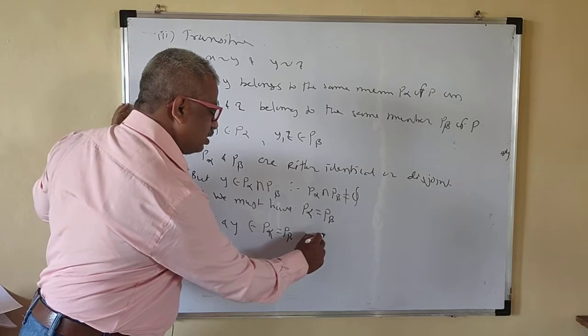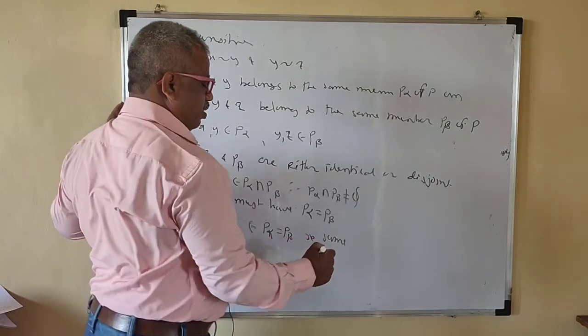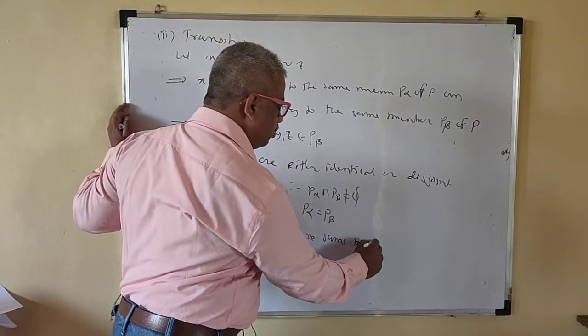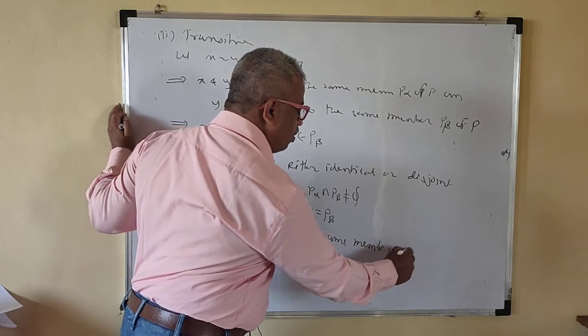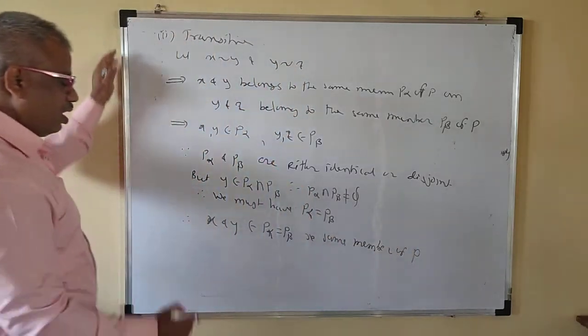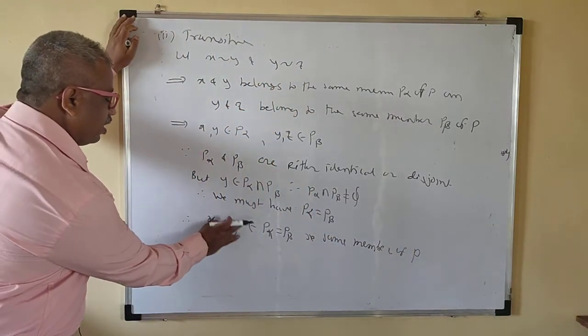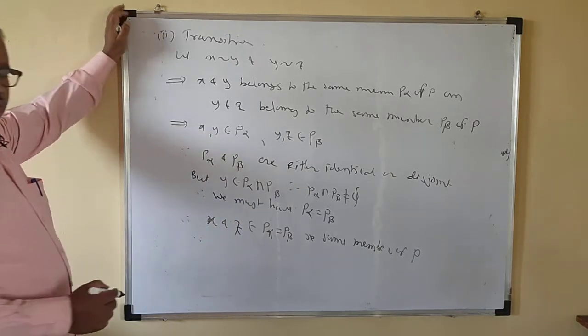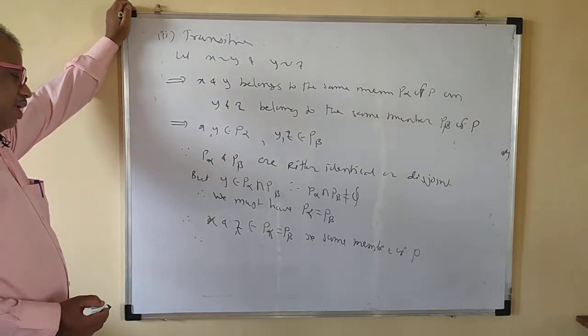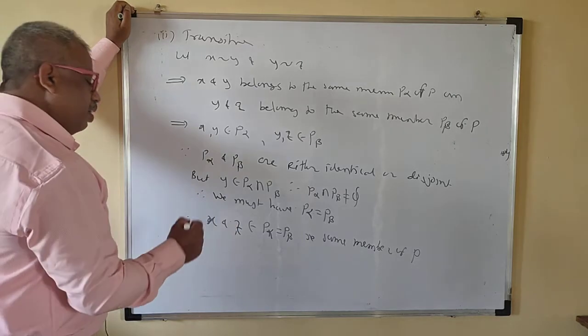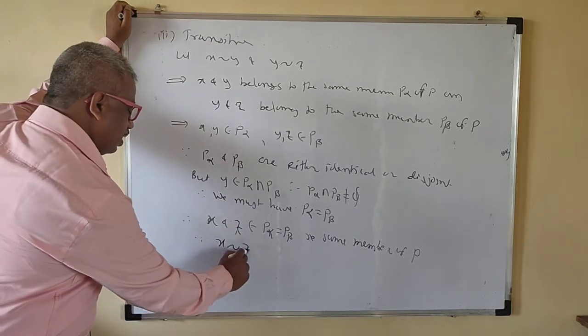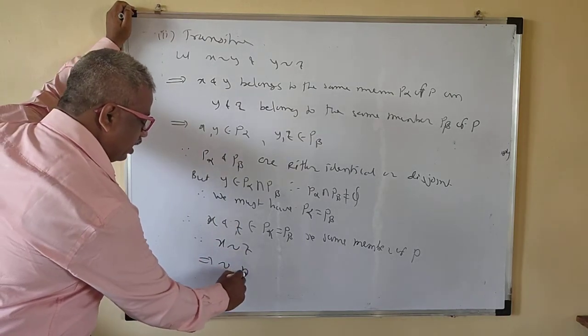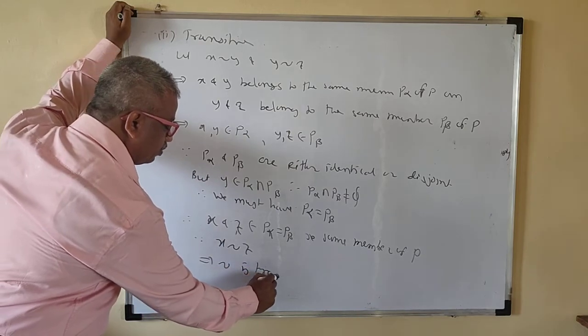That is the same member of capital P. So therefore, X and Z belong to P_alpha equal to P_beta, means the same member of P. So therefore, X is related to Z. This implies that ~ is transitive.